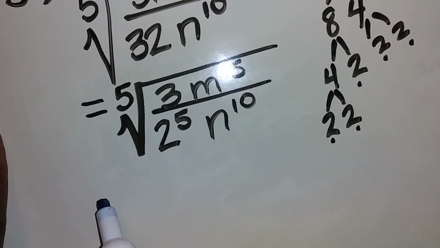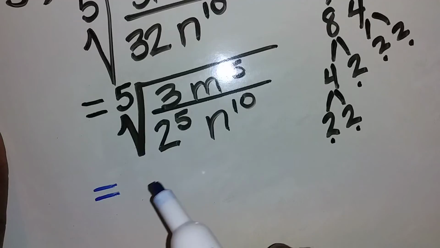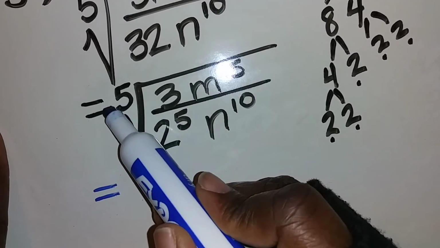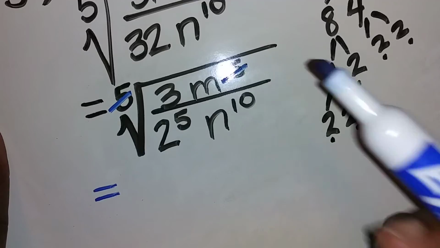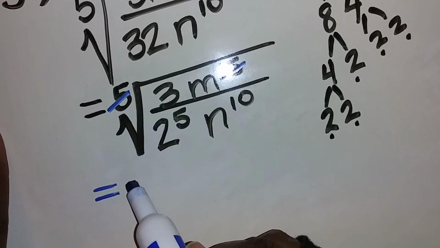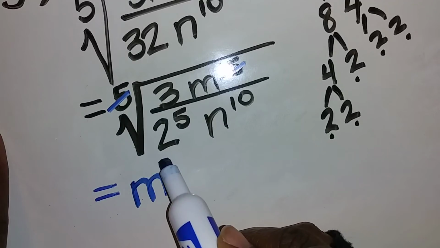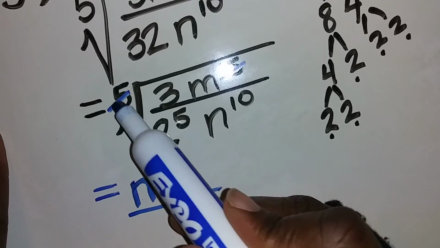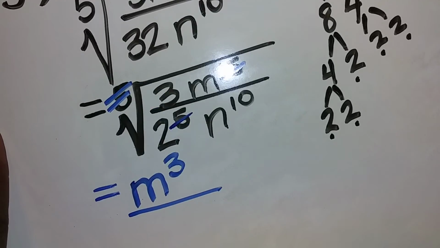So right here, I need 5 of the same. I know that 5 goes into 15 3 times, so I have m to the 3rd. I know 5 goes into 5 one time, so I'm left with 2.